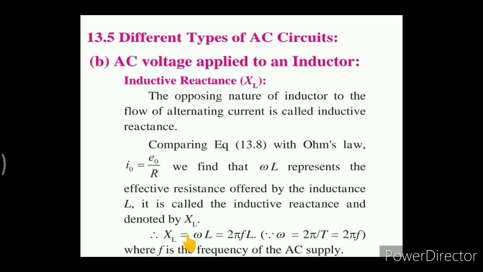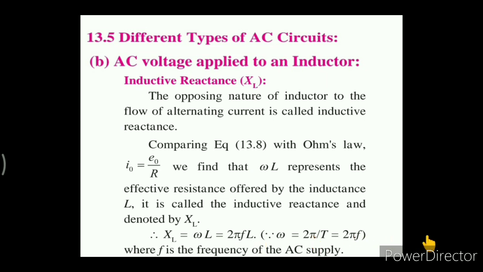So this inductive reactance is equal to omega L. As omega is 2 pi f, the inductive reactance XL is equal to 2 pi fL, where f is the frequency of the AC supply.